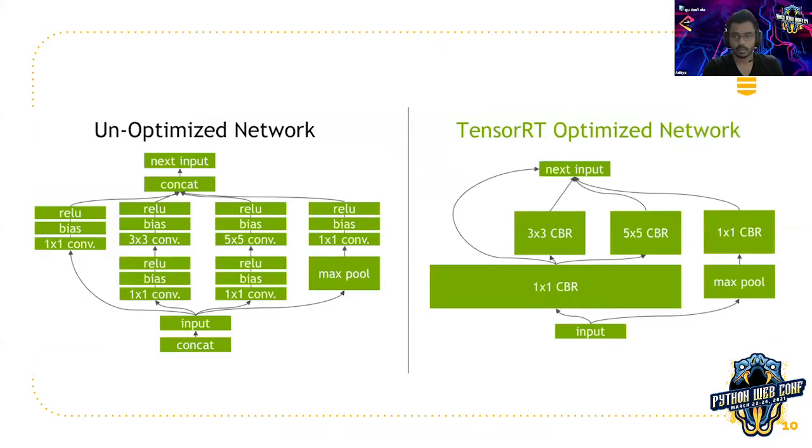What I love about TensorRT is this part, layer and tensor fusion, which has impressed me the most. TensorRT reads your computational graph. In this example, I have GoogleNet, the winner of the ImageNet competition in 2014. TensorRT does several graph optimizations.